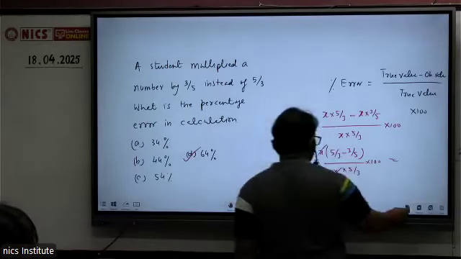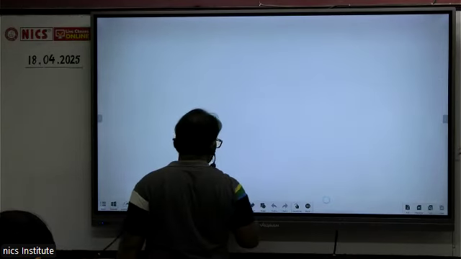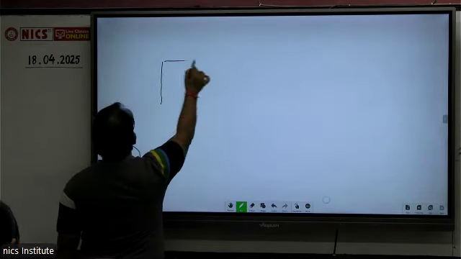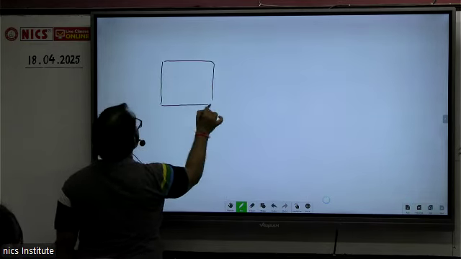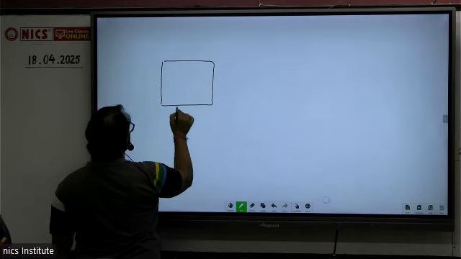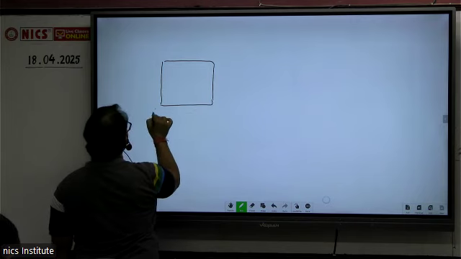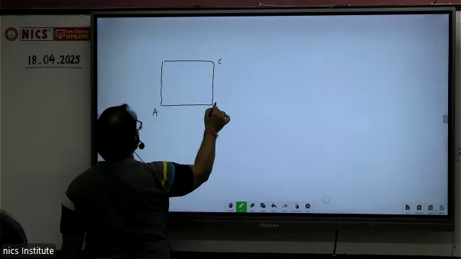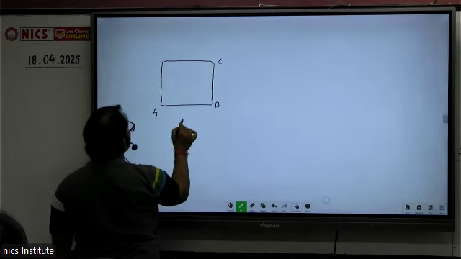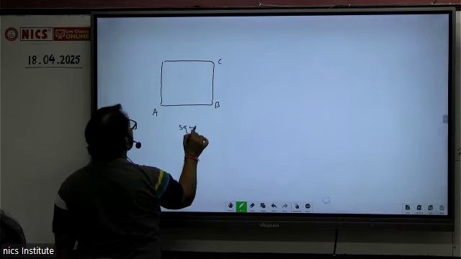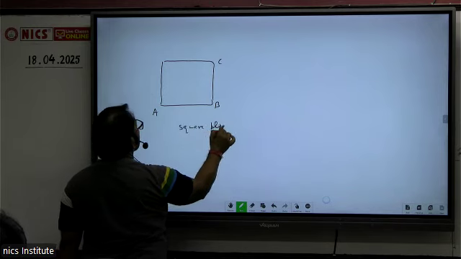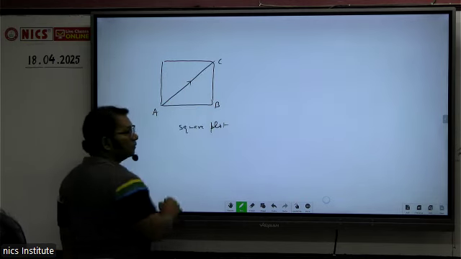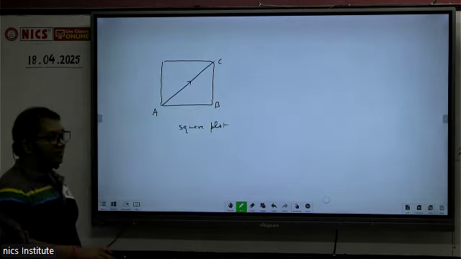Now, there's a very popular question in NATA. They give it every year. Suppose this square plot, a person wants to start from A and reach the opposite vertex. The square plot. But he walks along the diagonal.